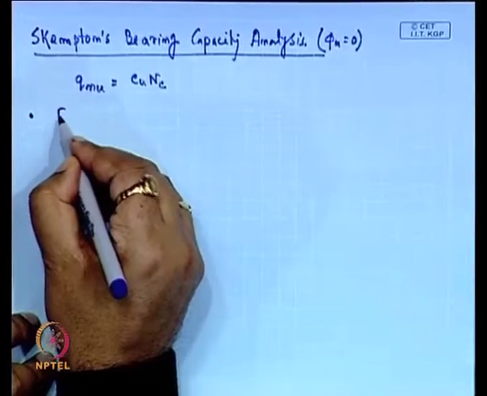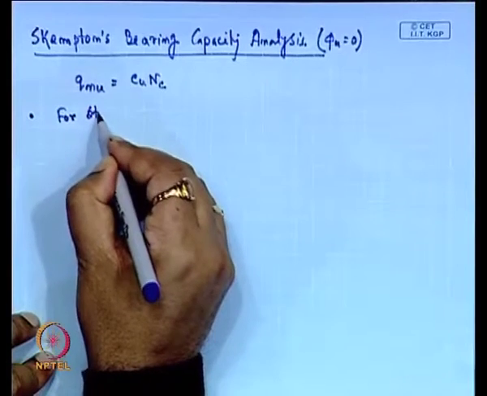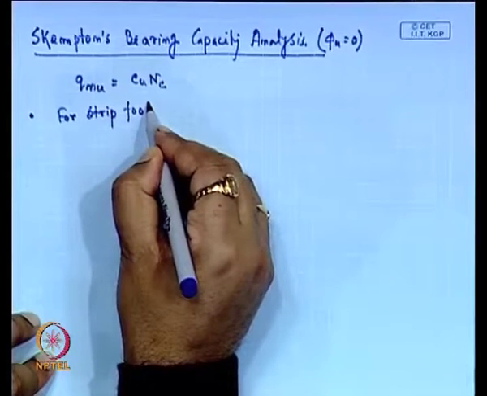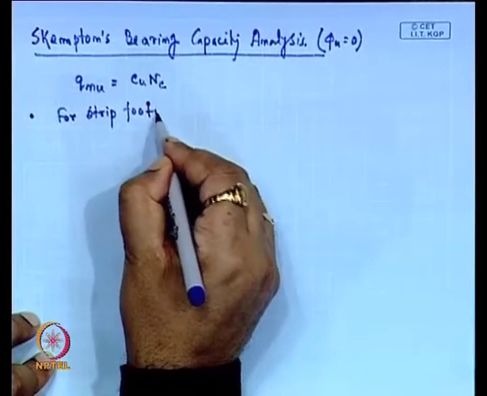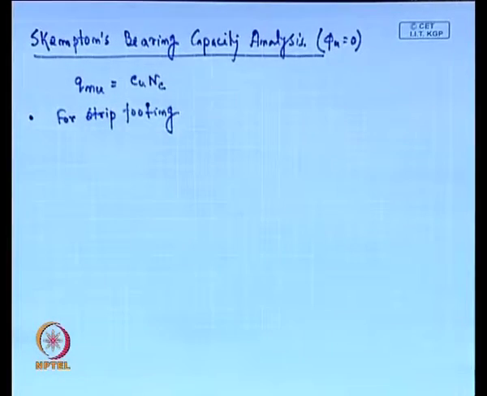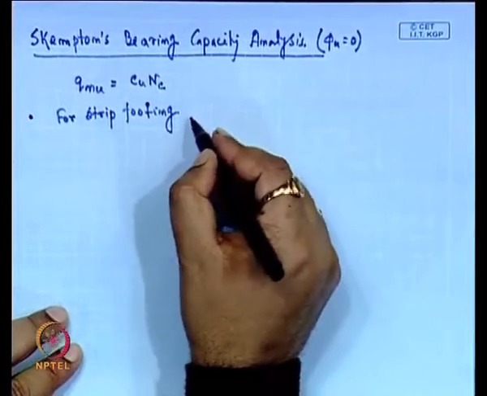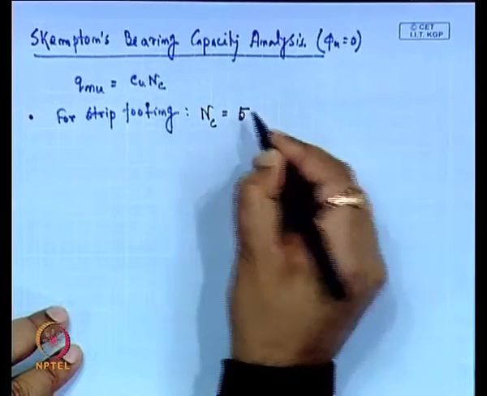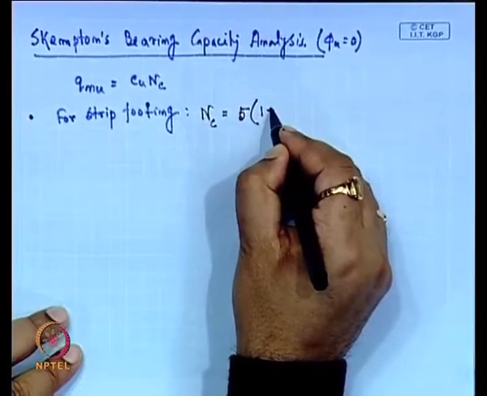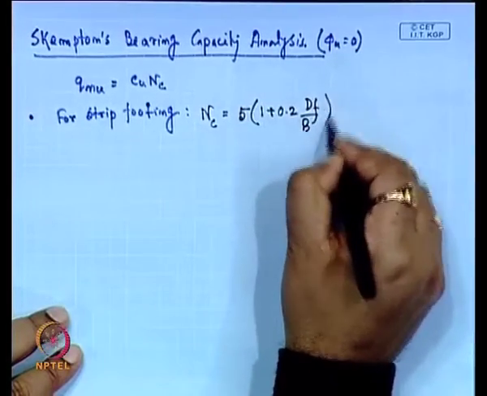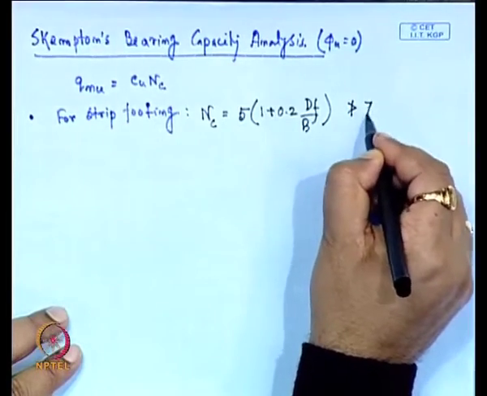For the strip footing, we can write this Nc value as 5 into 1 plus 0.2 df by B, which cannot be greater than 7.5.